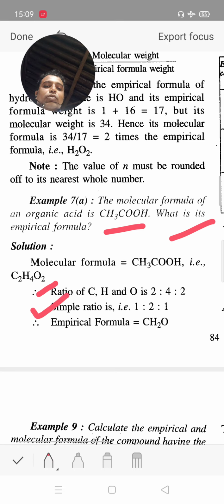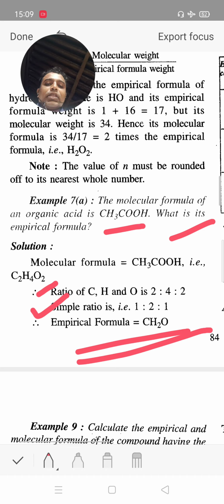Its simple ratio is upon 2. Then carbon 1, hydrogen 2 and oxygen 1. It is the empirical formula of acetic acid, CH2O, and the molecular formula is C2H4O2.